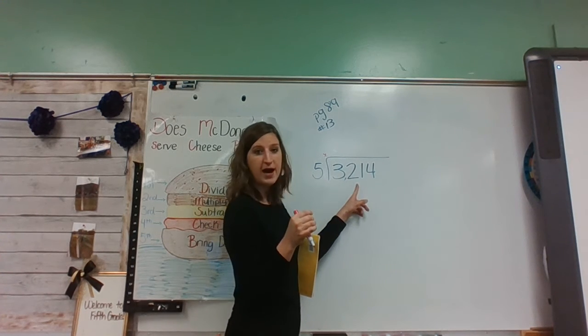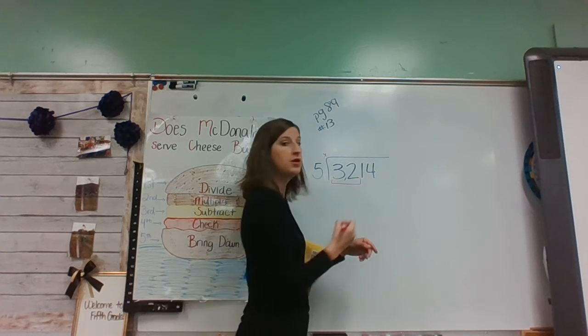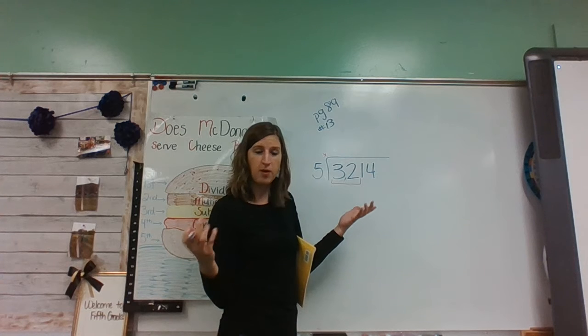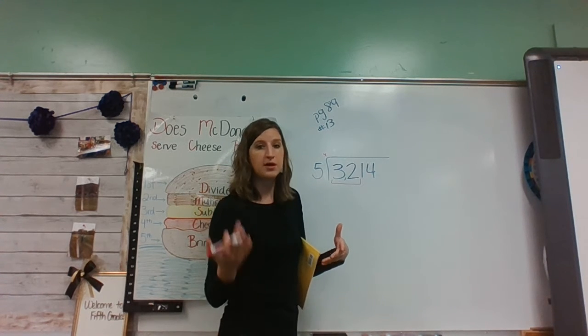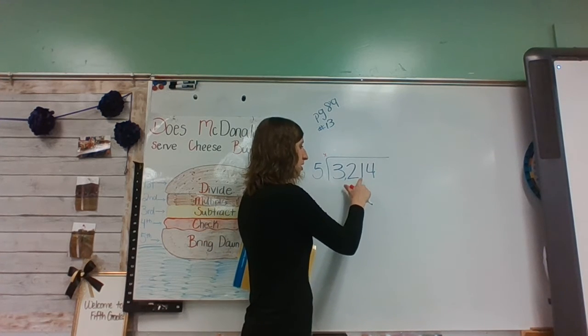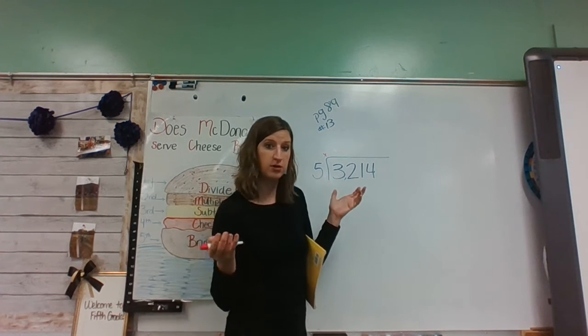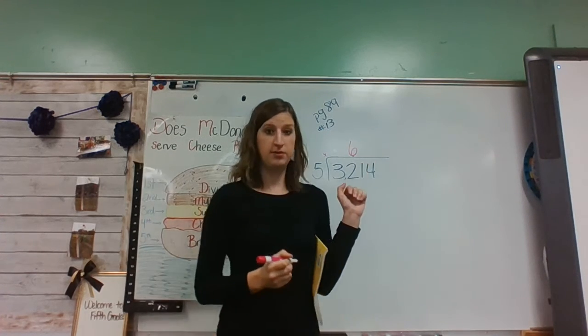If I put the 6 over the 2, then you're talking about the number 32. And that is what we were asking ourselves, is how many times does 5 go into 32? Goes into 32 6 times, okay? Without going over. The goal is do not go over that number. So I'm going to write this 6 above the 2.